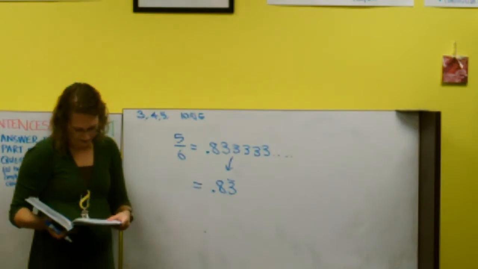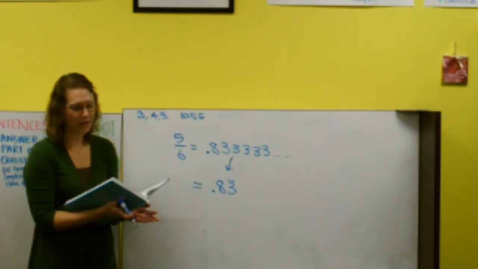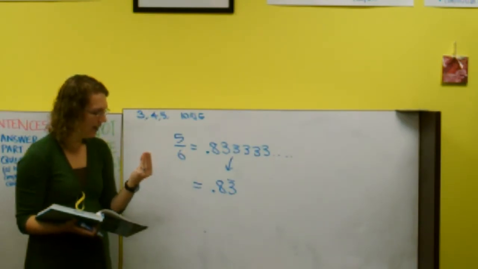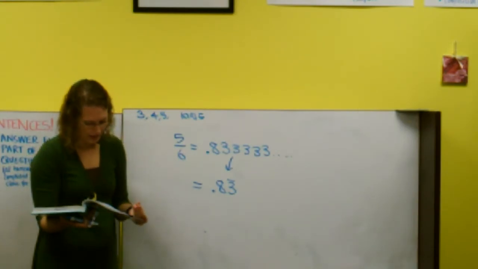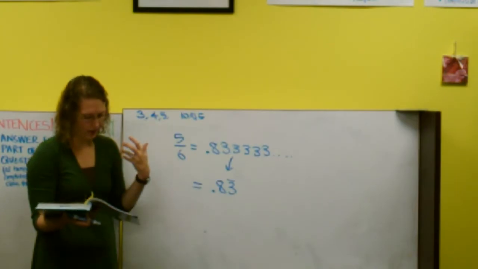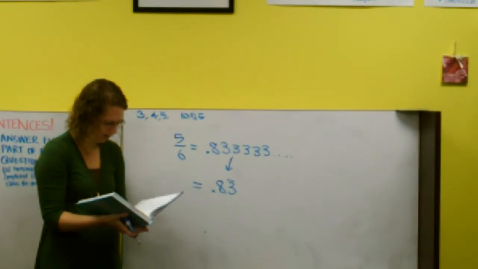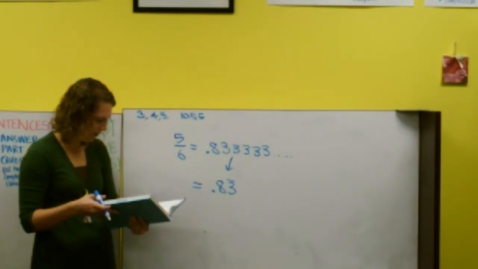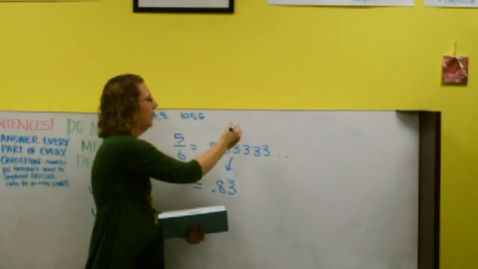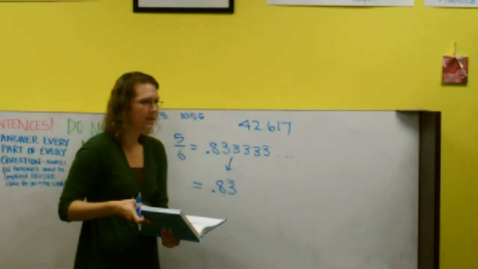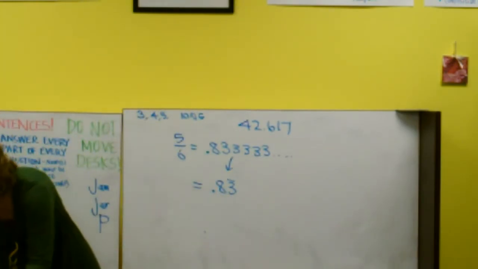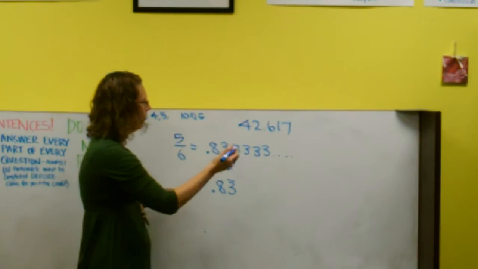Beautiful. Okay, so when we round repeaters, it's going to be the same way that we rounded decimals before. The only difference is it's going to tell you which place to round it to. So let's look at our first example, 42.617. The bar is over the 6, the 1, and the 7.